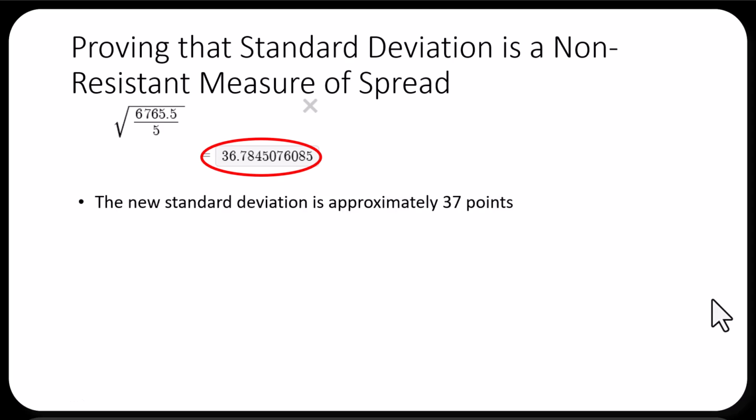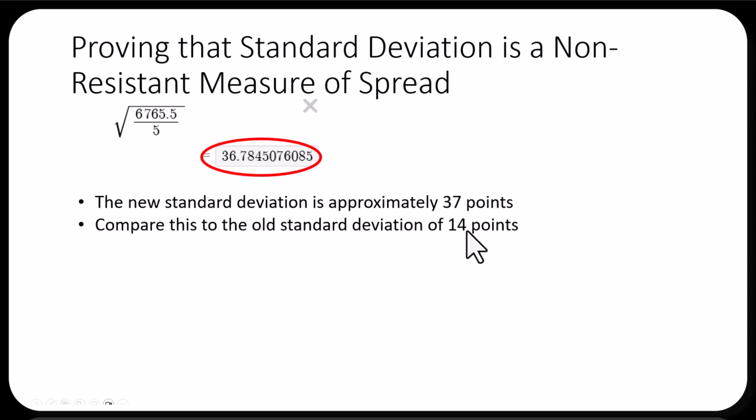So what does this mean? The new standard deviation, with the addition of the outlier, which was the 0, is about 37 points. Remember, in our first example, when we only had 5 data points and no outliers, our old standard deviation was 14 points. Let's compare these two numbers, 14 to 37.